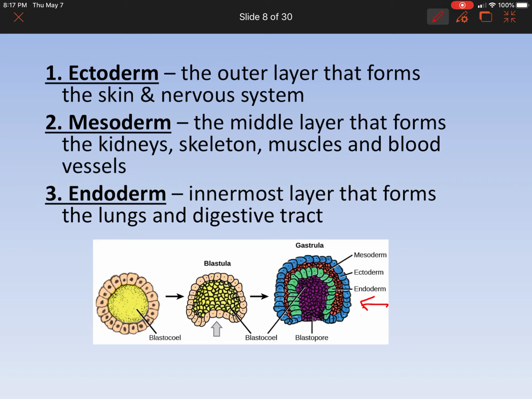The mesoderm is the middle layer, the orangey one here. That's going to form the kidney, skeleton, muscles, and blood vessels. And lastly, we have the endoderm, this green layer here. It's our inner layer, and it forms the lung and the digestive tract.